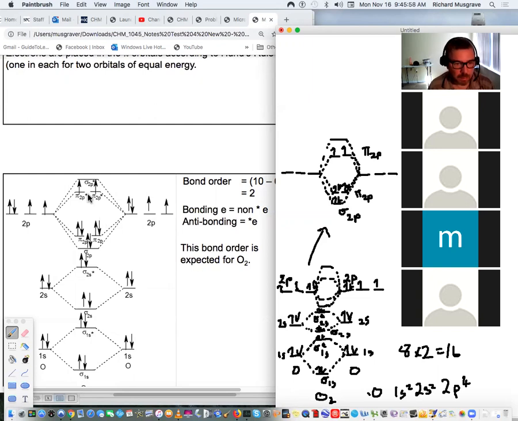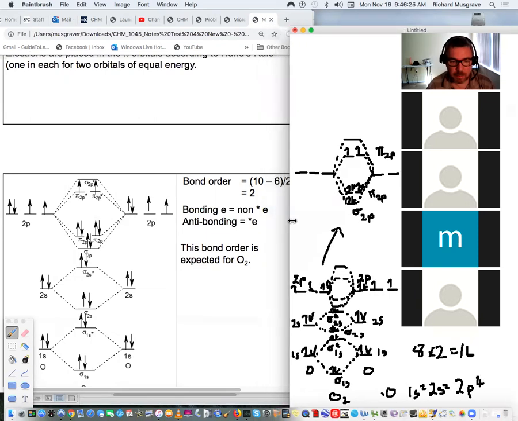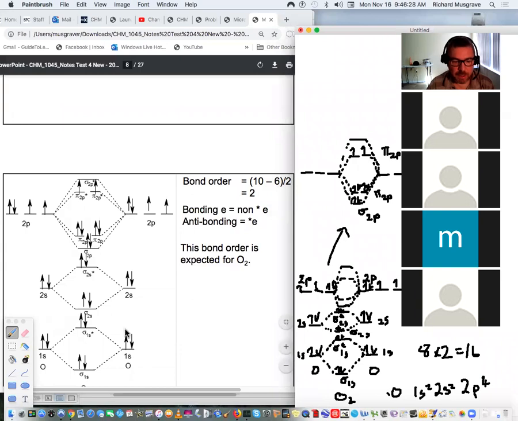And you can see that we end up getting 2 electrons in this anti-bonding situation up here, because we always have to put the electrons in one at a time when we have the same energy levels. So after we've done that, we're able to figure out the bond order. And this is how we count the number of bonding electrons and anti-bonding electrons.